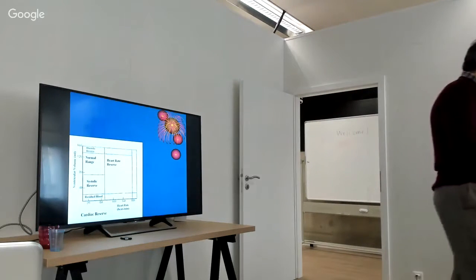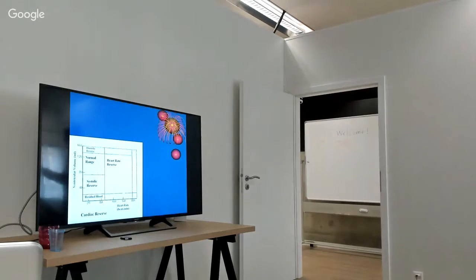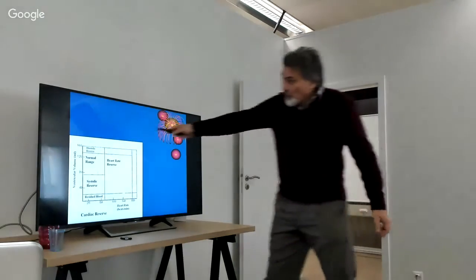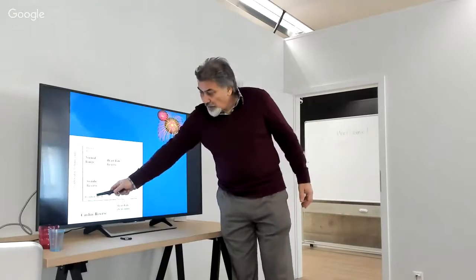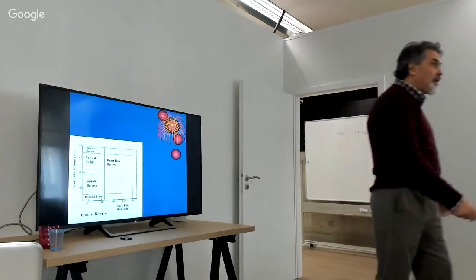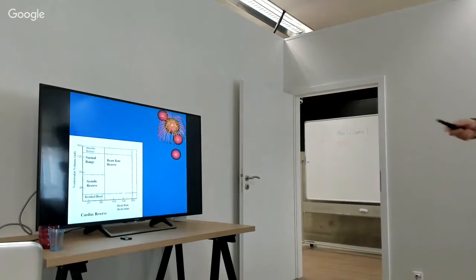This is the maximum, or normal maximum, volume of filling when we exercise. If we are an Olympic player, we can reach a filling of 160. In this moment, we have an increasing contractility. From 160, we can put out 140, and the residual blood is 20 milliliters.